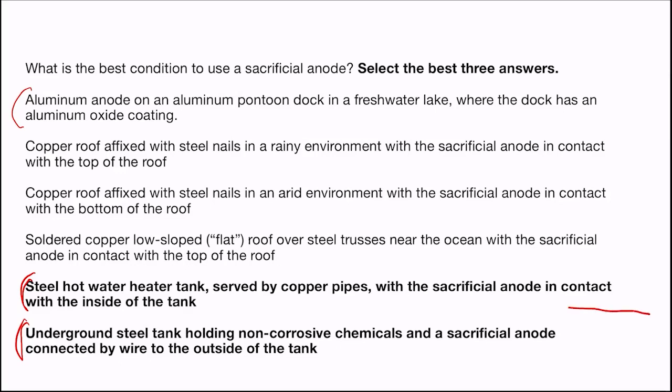So now we have in section, we have the earth, we have a buried tank, and we have, let's call it zinc, a big packet of zinc that's connected by a wire to the outside of the tank. As long as it's making contact with the metal, it really doesn't matter if it's on the inside of the tank, on the outside of the tank, affixed to it, or on a wire.